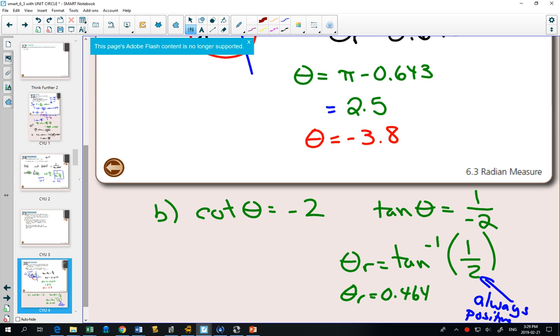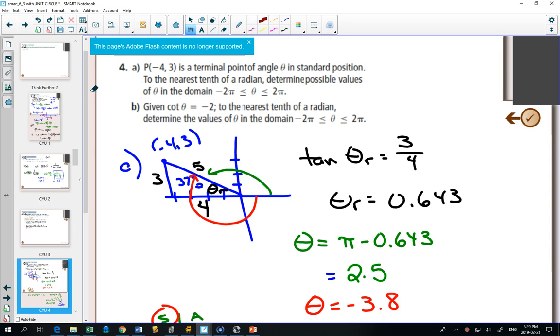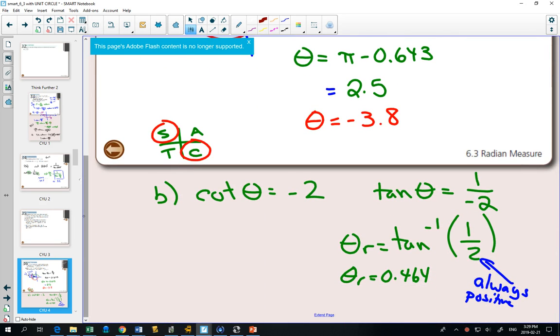But if tan is negative, according to your CAST rule, that means you should be looking in quadrants 2 and 4. This question gave us the domain from -2π to 2π. So in quadrant 2, you have a reference angle. In quadrant 4, you have your reference angle.